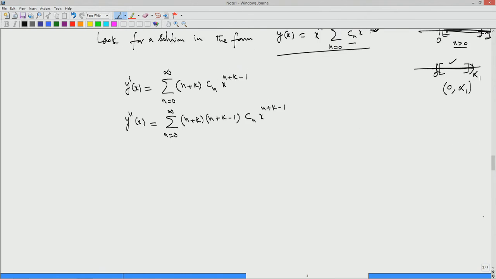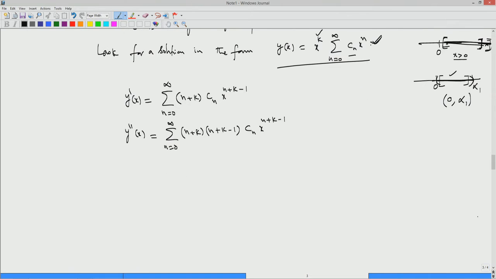So you substitute these three into the equation. Substituting, 2x y double dash is the sum for n from 0 to infinity of n plus k minus 1 into n plus k c n x power n plus k minus 1, with the factor of 2, since x times x power n plus k minus 2 gives x power n plus k minus 1.